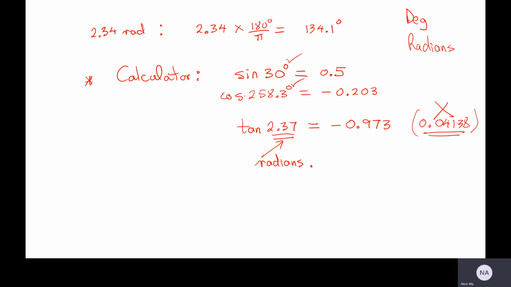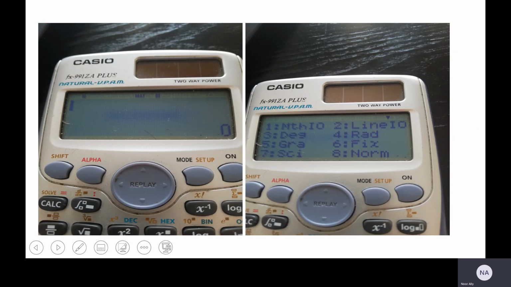So how do you go about getting the correct answer of these trigonometric functions when you are dealing with radians? Well, there you go. This is my Casio. You're going to find out for your particular calculator how it works.